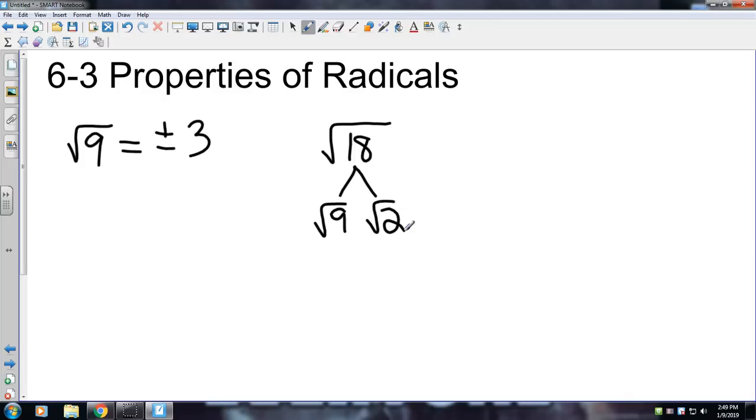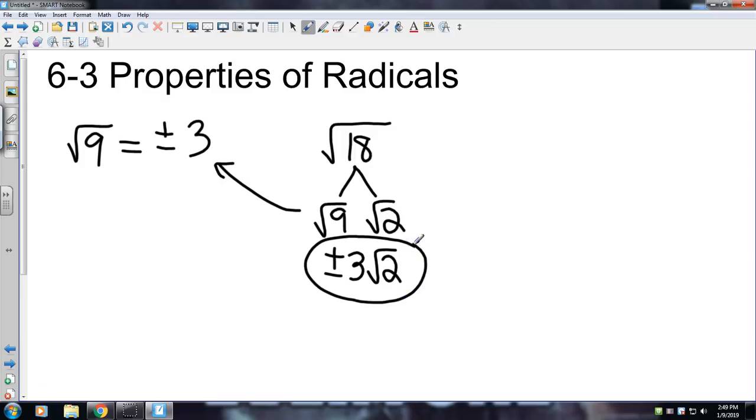And we know, just like we just did, that radical 9 is plus or minus 3. And we can't do anything with the radical 2. So that is my simplified answer to that radical. It's kind of like reducing a fraction. Is there anything we can simplify?